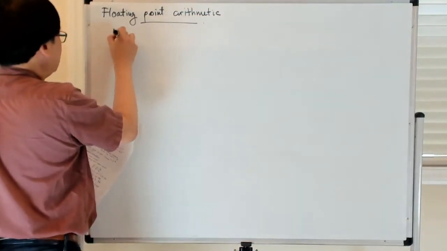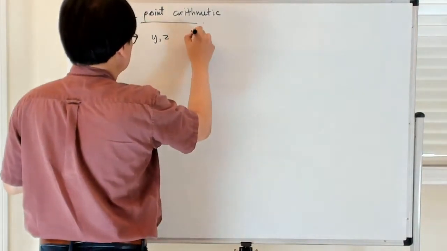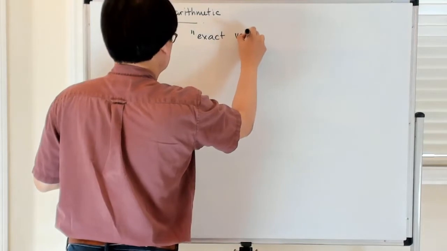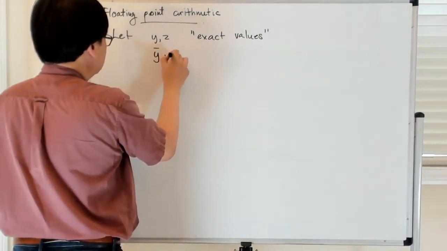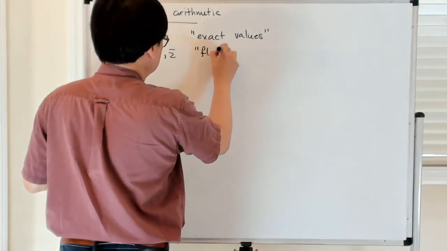Okay, so let's say that we have y and z be exact values. And then y bar and z bar are the floating point approximations.